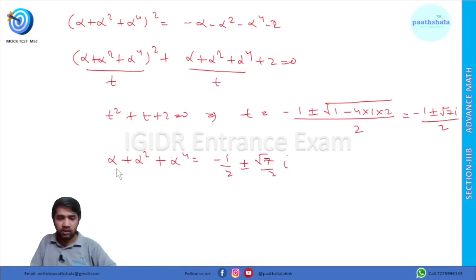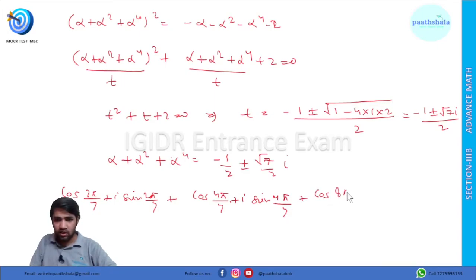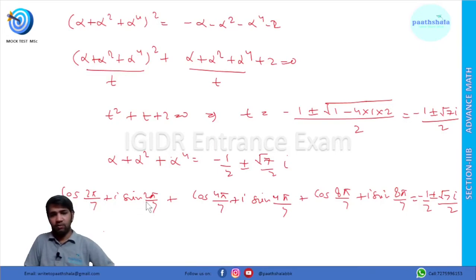As we have taken alpha as cos 2 pi by 7 plus i sine 2 pi by 7, alpha square will be cos 4 pi by 7 plus i sine 4 pi by 7, plus this will be cos 8 pi by 7 plus i sine 8 pi by 7, which is equals to this value, minus 1 plus minus root 7i by 2 and by 2 here. Let's compare the real part and imaginary part.